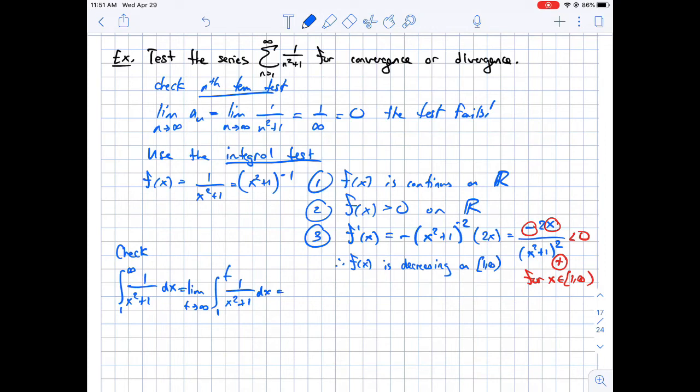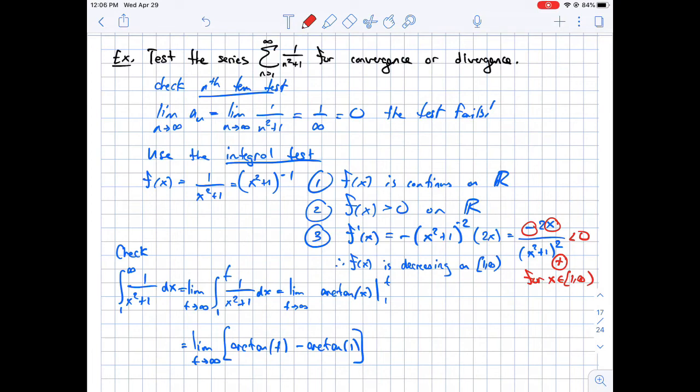So for this one, you need to realize that this is going to give us arctan of x, and we're going to evaluate that from 1 to t. So that's going to give us the limit as t approaches infinity of arctan of t minus arctan of 1.